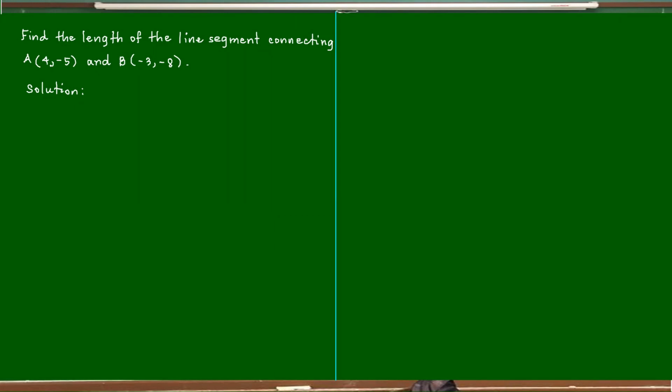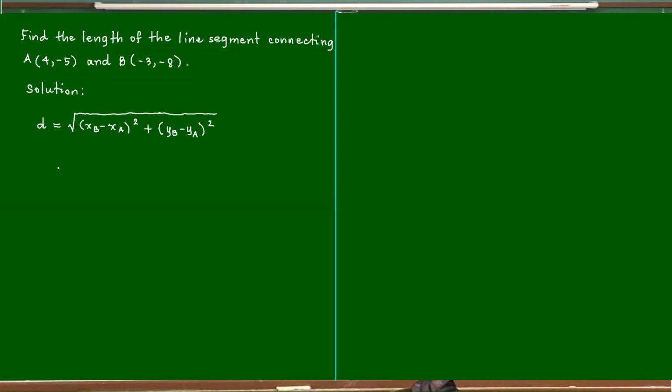So the distance between them, the length of the line segment connecting A and B, is square root of (x sub B minus x sub A) quantity squared plus (y sub B minus y sub A) quantity squared, okay?